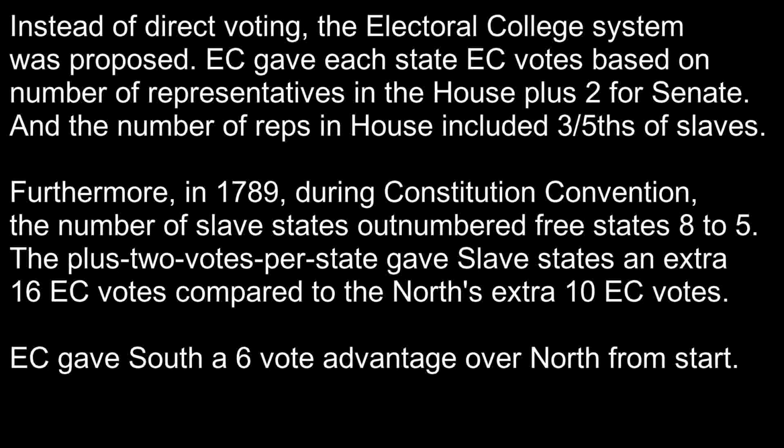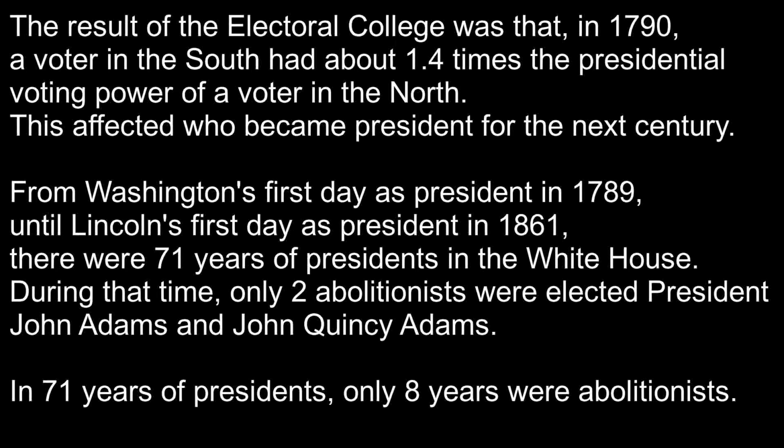Furthermore, in 1789, slave states outnumbered free states 8-5, therefore the plus 2 electoral votes per state gave slave states 16 EC votes compared to the North's extra 10 EC votes. I.e., the Electoral College plus 2 per state gave the South another 6-vote advantage over the North. The result of the Electoral College was that, in 1790, a voter in the South had 1.4 times the presidential voting power of a voter in the North.